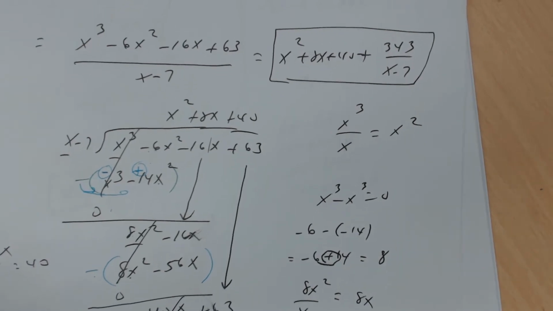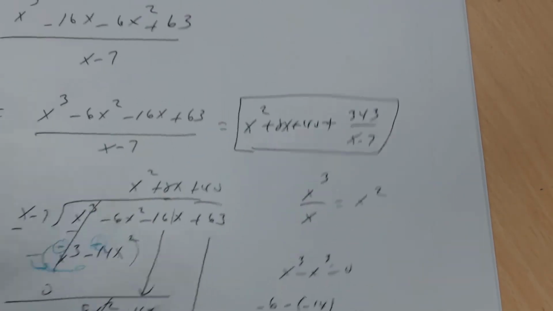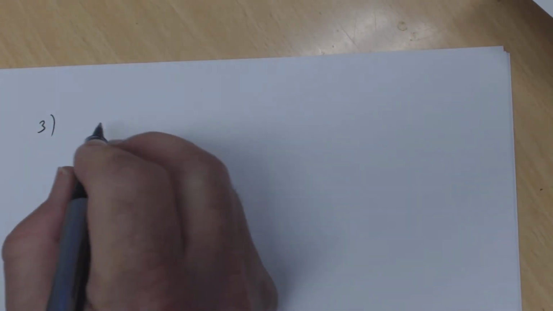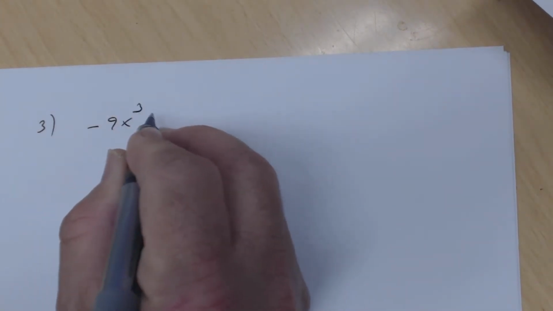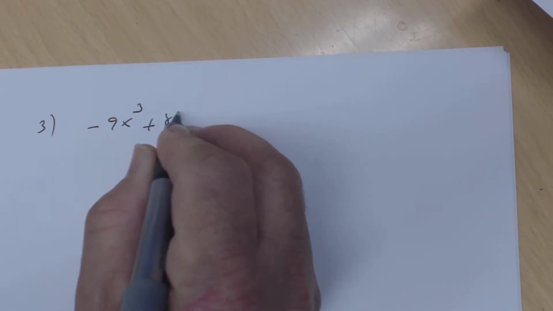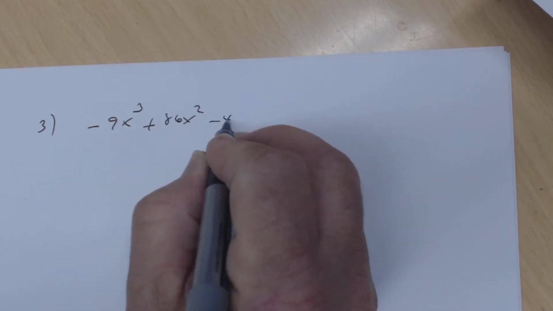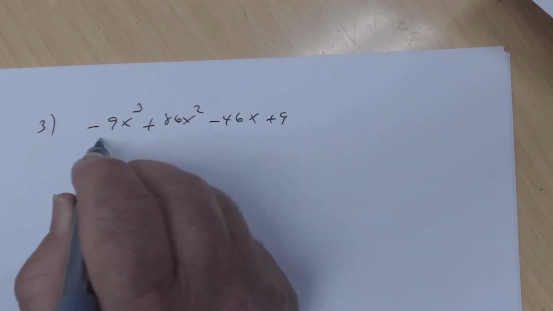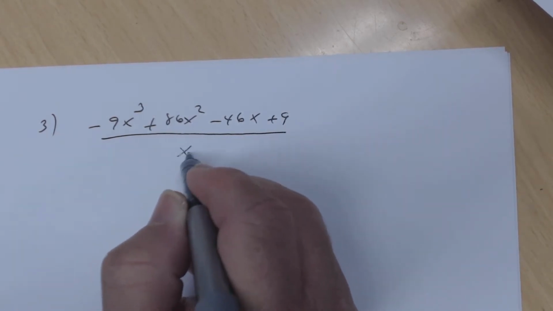Okay. All right, so that was number 2. Let's look at number 3. All right, suppose we had negative 9x cubed plus 86x squared minus 46x plus 9 divided by x minus 9.